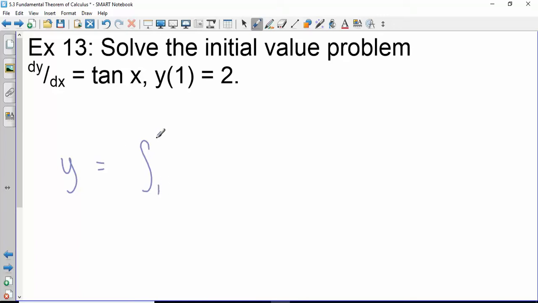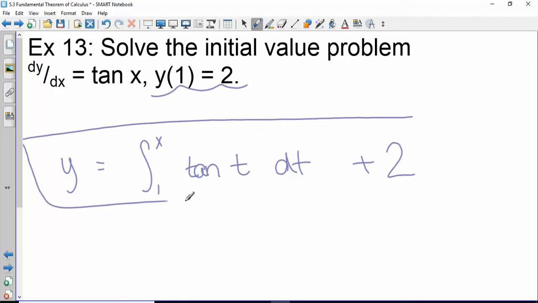From 1 to x, okay, of? We need to change variable to something other than x, so maybe a t, dt. Okay, so the derivative of this is tangent x. How do I take care of this requirement? Put plus 2 on the end.